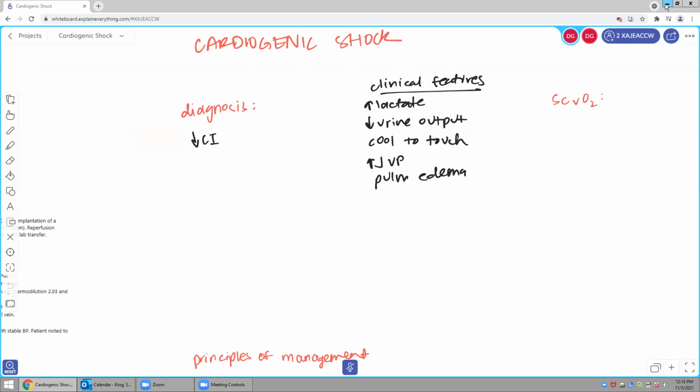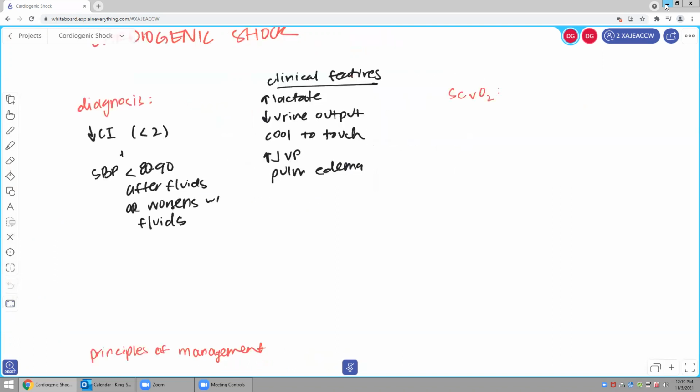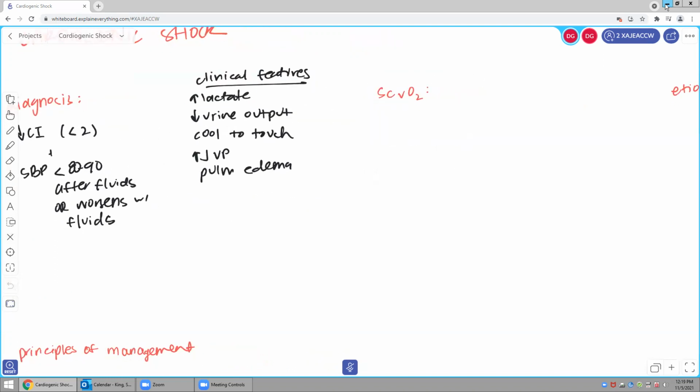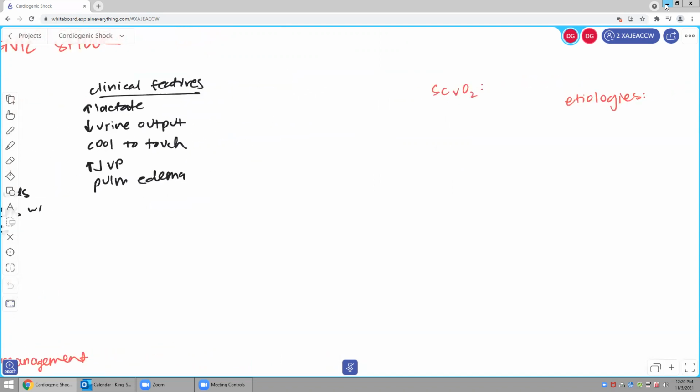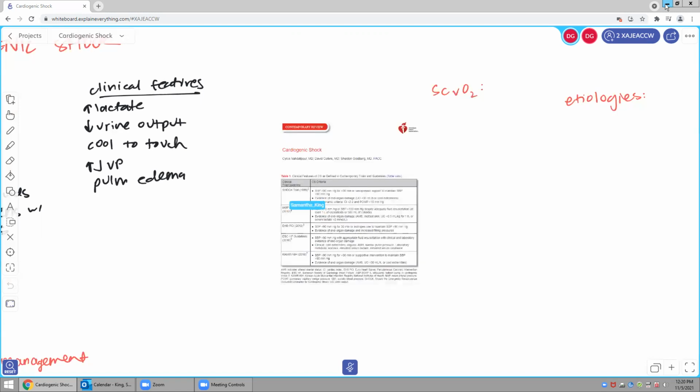And so the diagnosis actually requires a decreased cardiac index, so less than 2. This patient has that. SBP less than 80 to 90, after fluids, or that worsens with fluids. And unlike septic shock, which tends to be a little more obvious or well-defined, there are a bunch of different definitions of cardiogenic shock, but some of them are compiled here.